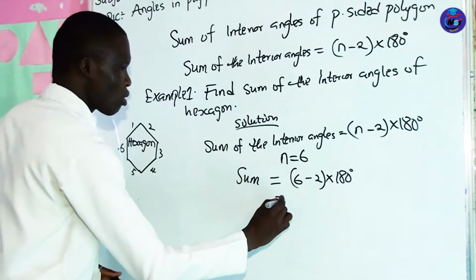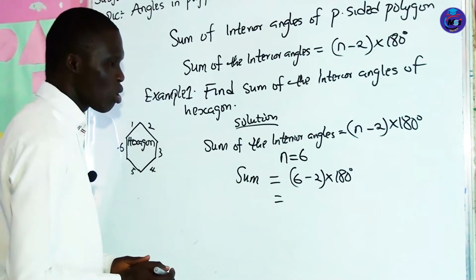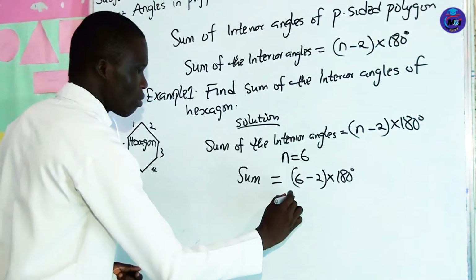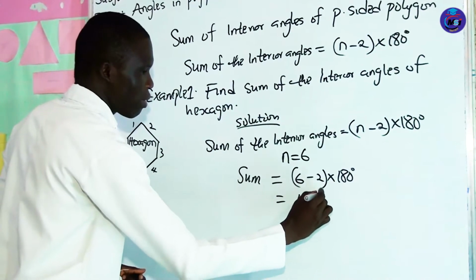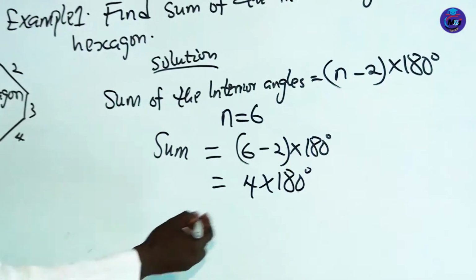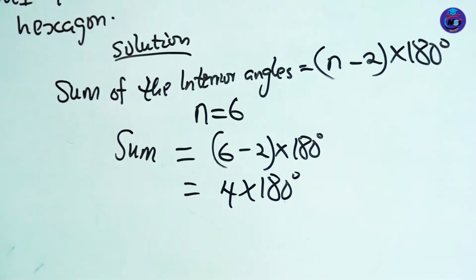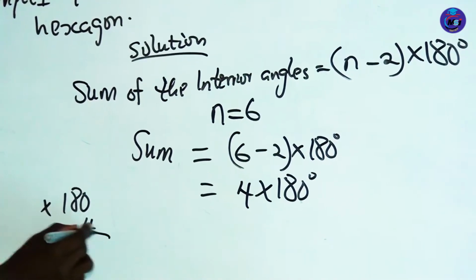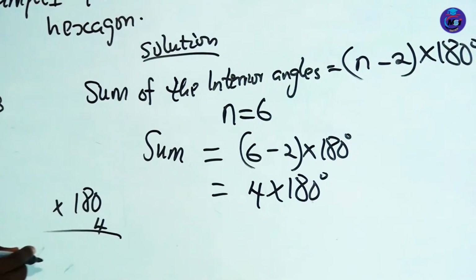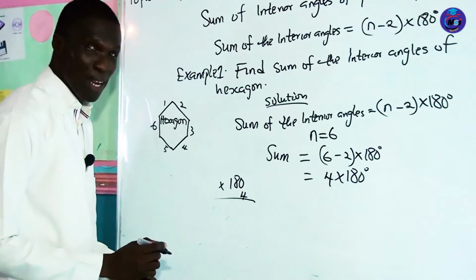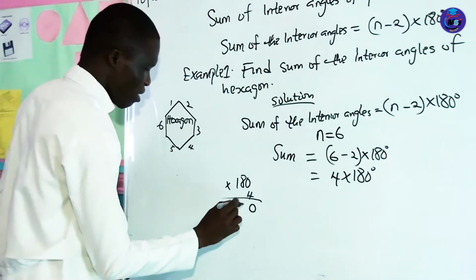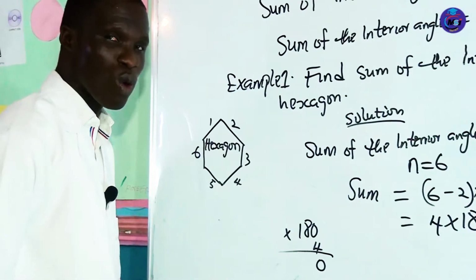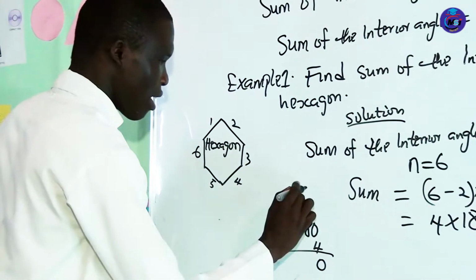This will give us 6 minus 2, it will give us what? 4 multiplied by 180 degrees. Now let's multiply this. 180 multiplied by 4. 4 times 0 will give us what? Any number you multiply by 0 will give you 0. 4 times 8, it will give us what? 32.